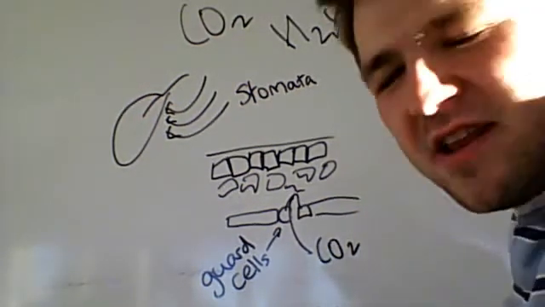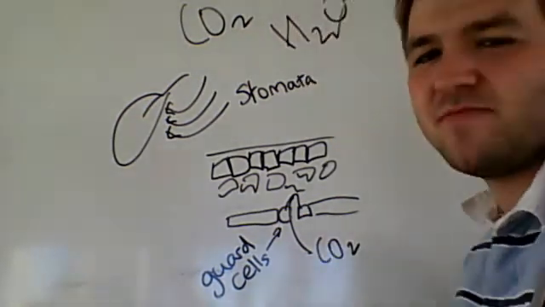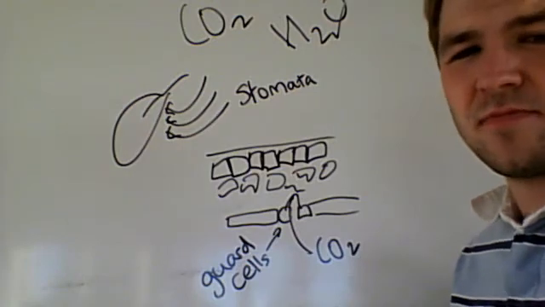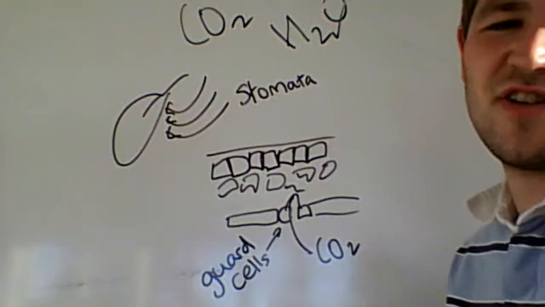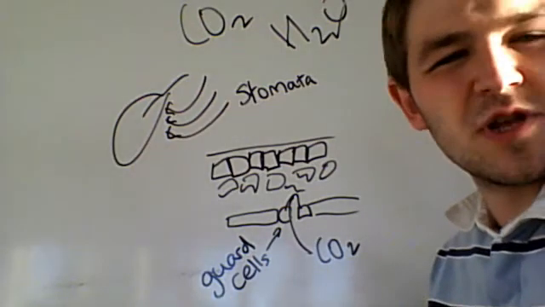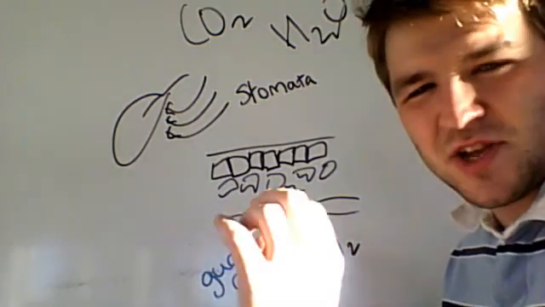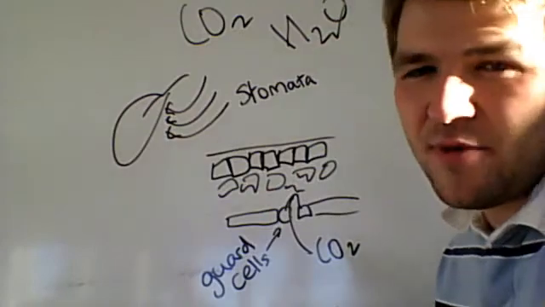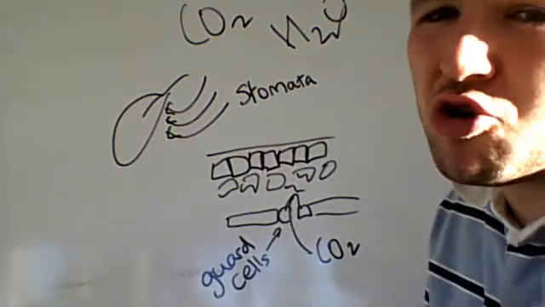CO2, of course, comes in, and coming out is the waste product of oxygen. But guard cells are very important, and very adaptable for different plants living in different conditions. Not so important in rainforests perhaps, but vitally important to control just exactly how much they're open in a plant living in the desert. Otherwise it will just lose too much water.